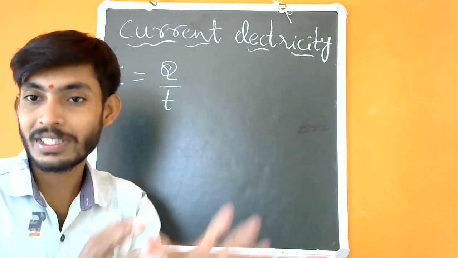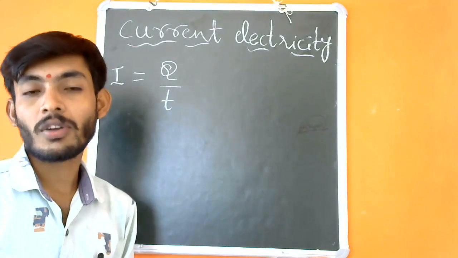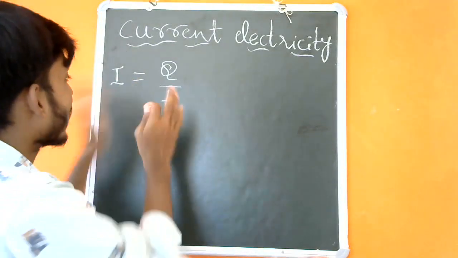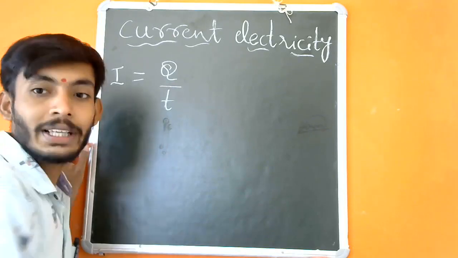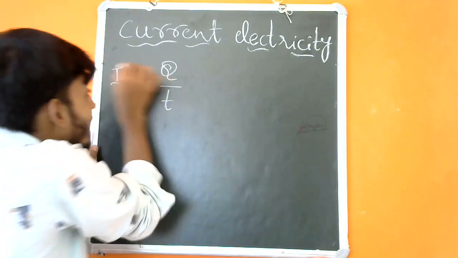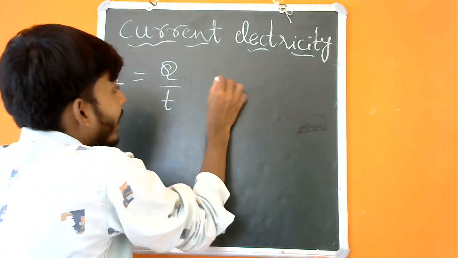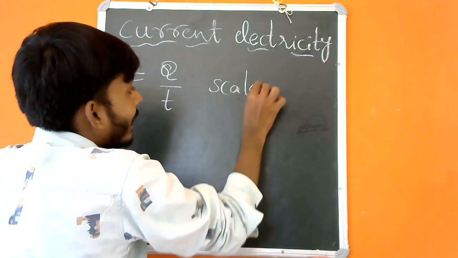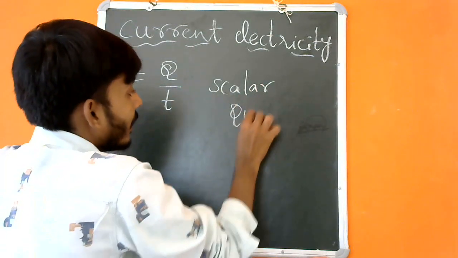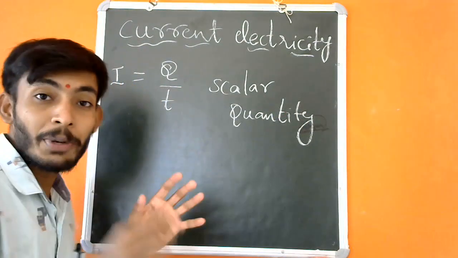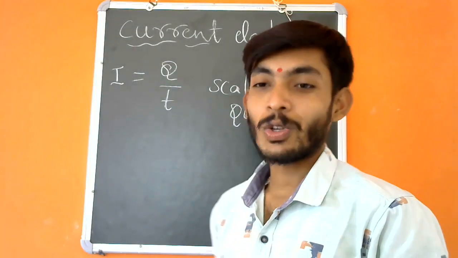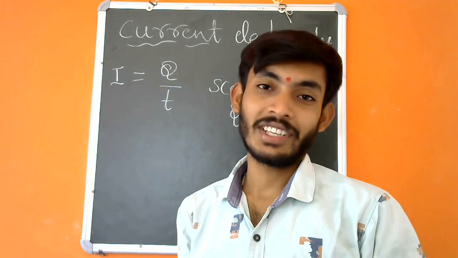And this current is a scalar quantity because it obeys the laws of scalar addition.